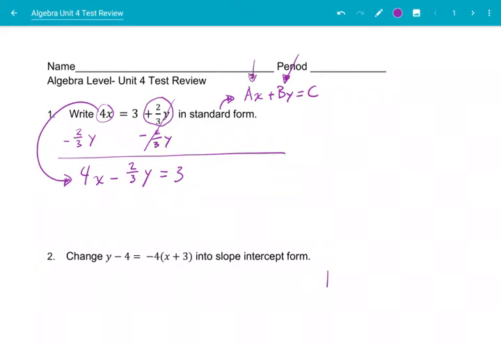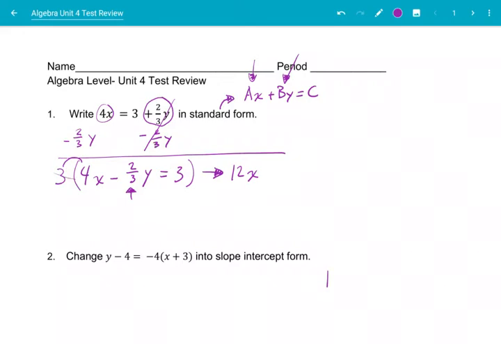We need whole numbers. So let's go ahead and make these whole numbers. We're going to multiply the entire equation by the denominator of that fraction. So I'm going to multiply by 3. This is going to become 3 times 4 is 12x.